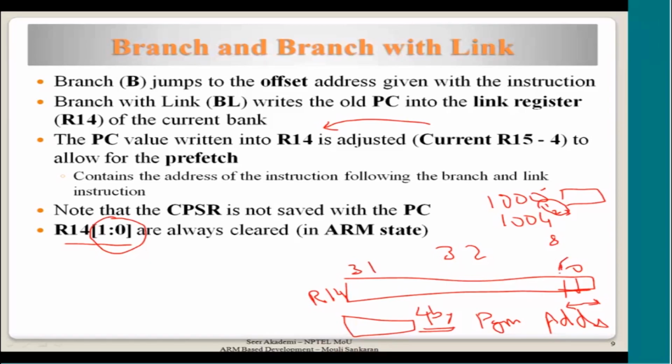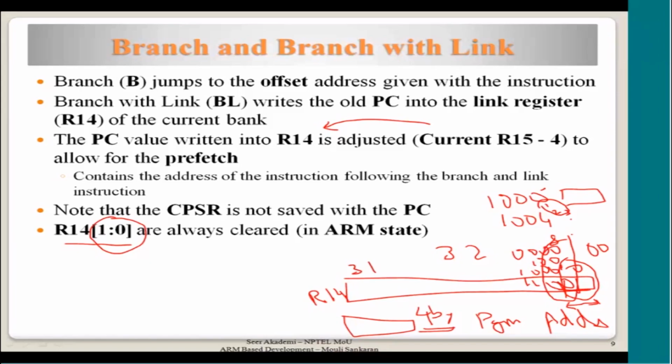That means the lower 2 bits are always 0. In binary, 0 is 0 0 0 0, 4 is 0 1 0 0, 8 is 1 0 0 0, C is 1 1 0 0. You see that the lower 2 bits are always 0 because it is 4-byte aligned.